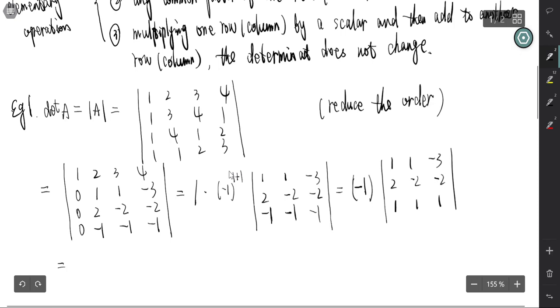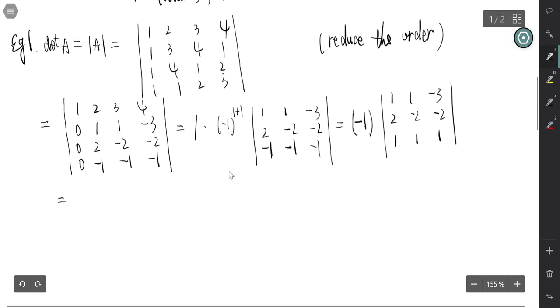And the second row has common factor 2, so we move 2 outside. 1, 1, -3, that is 1, -1, -1, 1, 1, 1. That is -2, and we use elementary row operation.